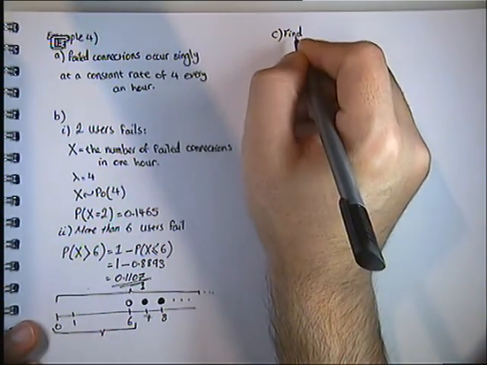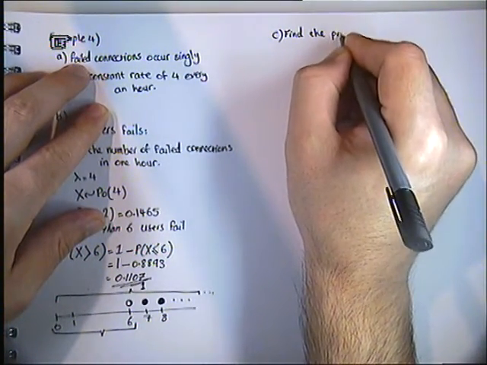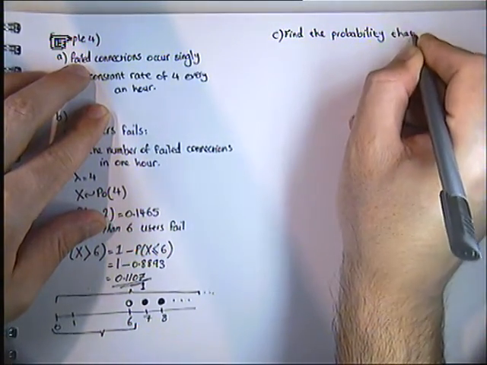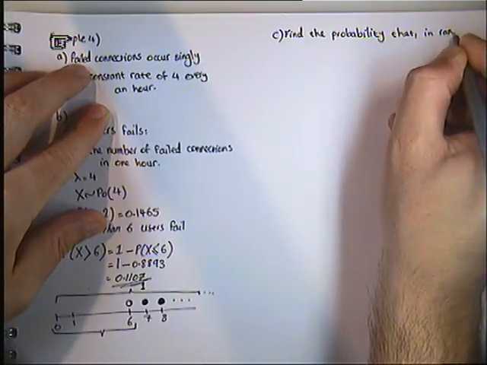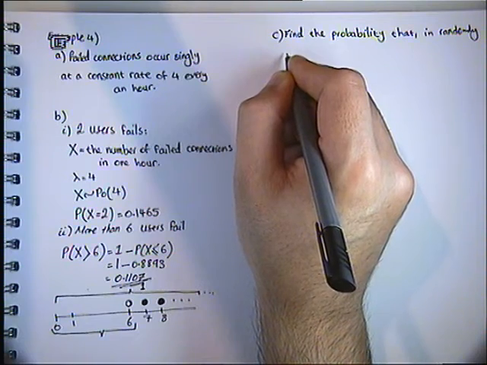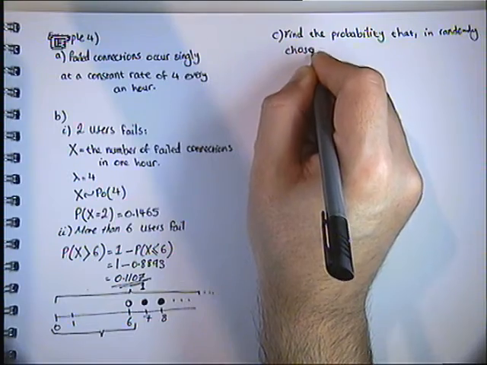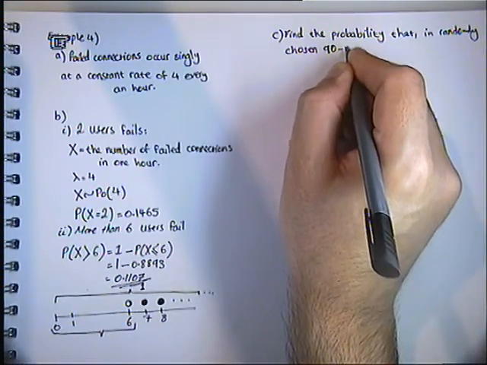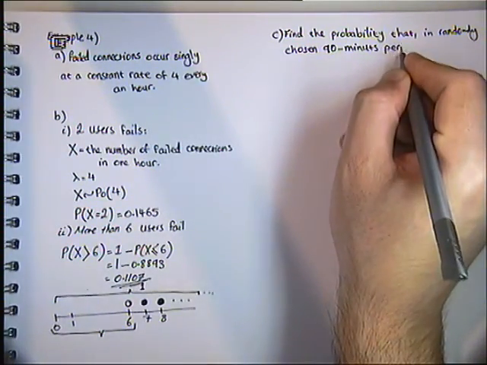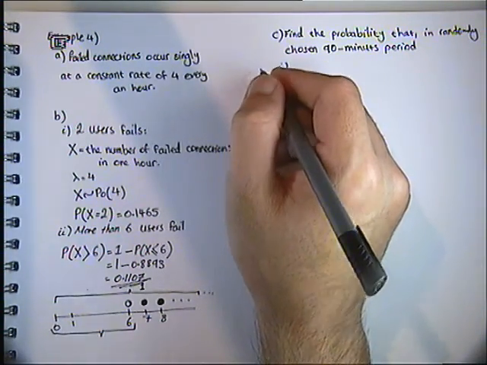Find the probability that in a randomly chosen 90 minutes period, 1. 5 users fail to connect.